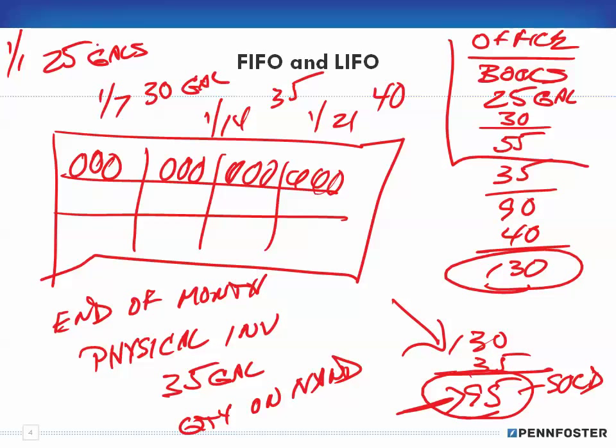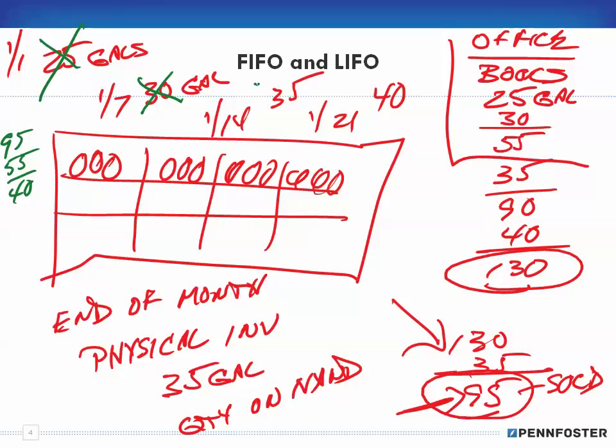Now you take the 95, and if you're using first in, first out, you say, okay, I get rid of the 25 here because they were the first ones in. I can get rid of 30 more, right? Because 25 and 30 make 55. And if I have 95 less 55, that means I have to get rid of 40 more, right?